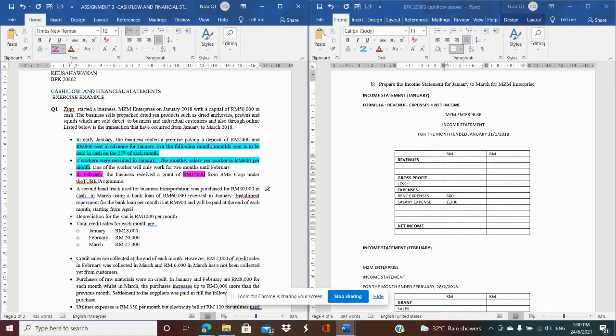So the 60,000 amount received in January will be reported in the balance sheet. Now how about the purchase of the second-hand truck? This is 30,000 and it was bought by cash in March. We are not going to treat this as an expense because a second-hand truck is an asset.